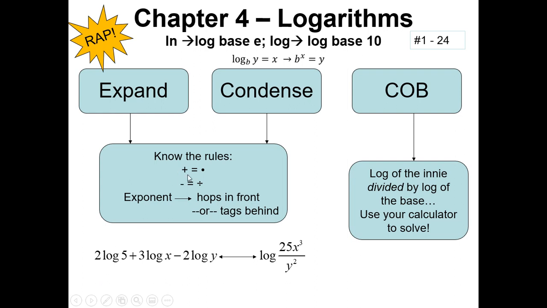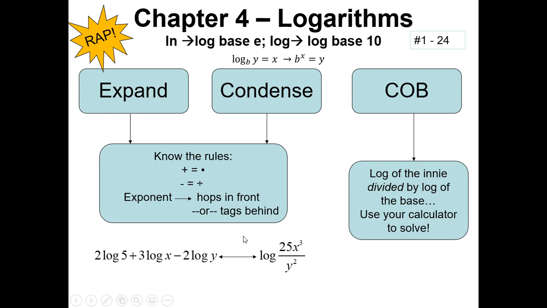For instance, if I'm adding logs together, that's going to become a multiplication. If I'm subtracting logs, that's going to become a division within the log. And also exponents. If we have a 2 out in front, that becomes 5 squared. So log 5 squared is log of 25 plus log of x cubed.